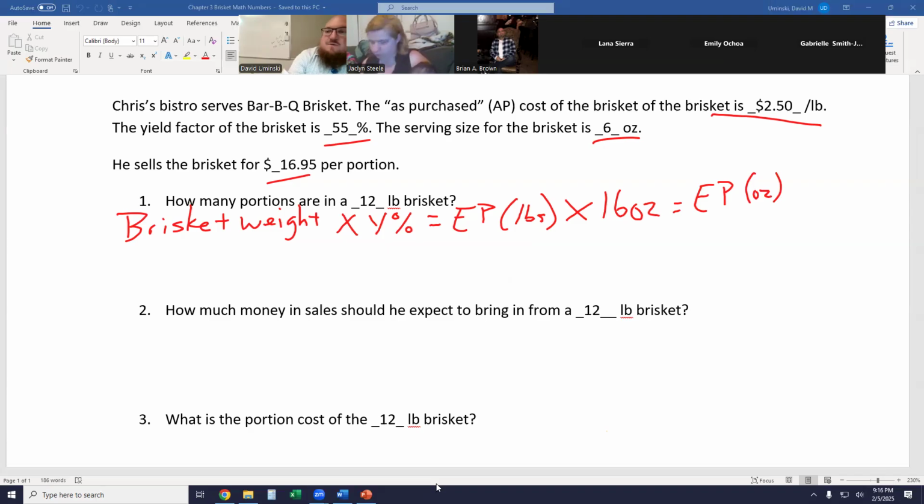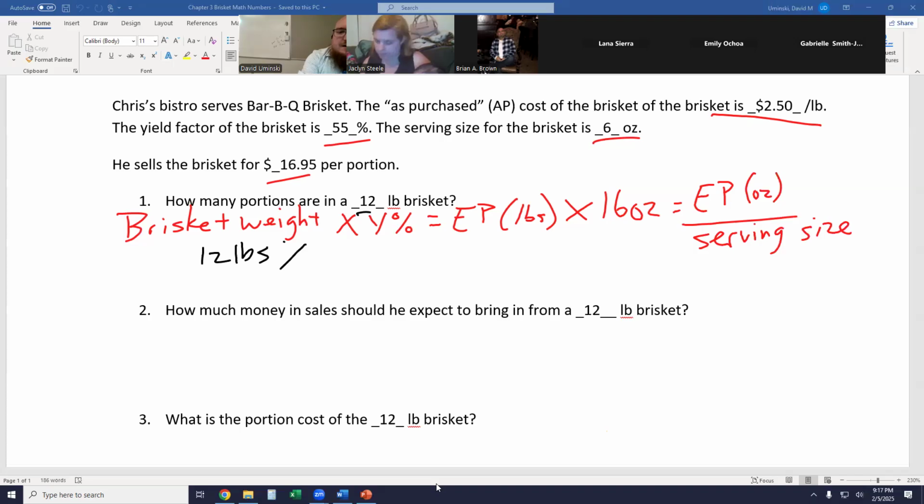And then we divide by our serving size. So I want yours to look just like this. And then right below it, I'm going to put the numbers in. Our brisket weight is 12 pounds.